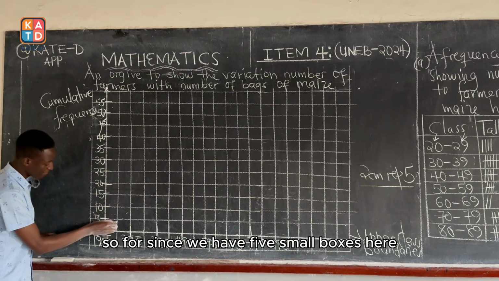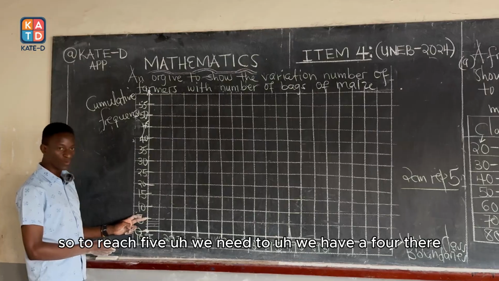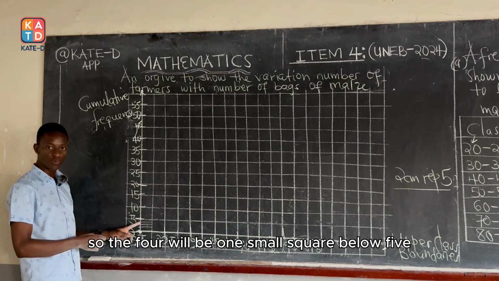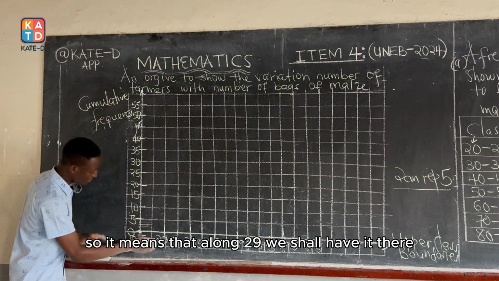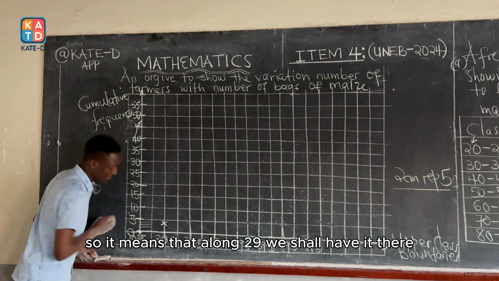So since we have 5 small squares here, to reach 5, we have a 4 there. So the 4 will be 1 small square below 5. So it means that along 29, we shall have it there.